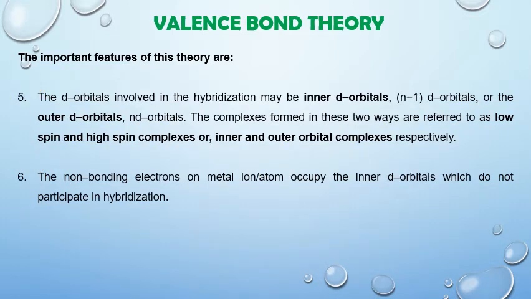The next key point is that the d orbitals involved in the hybridization could be inner d orbitals or outer d orbitals. And the last point is that non-bonding electrons on the metal ion or atom occupy the inner d orbitals and do not participate in hybridization.